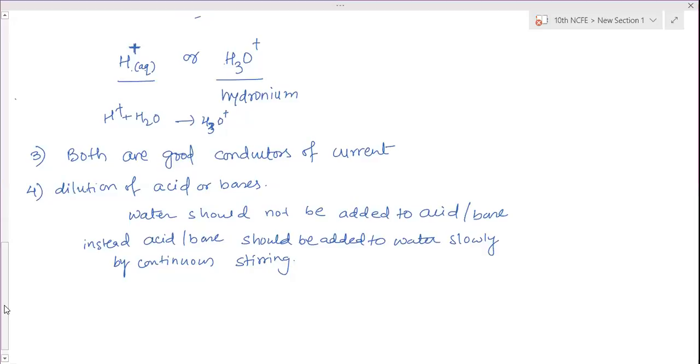What will happen to the concentration if the acid is diluted? If acid is diluted, what will happen to the H plus ion concentration? It will decrease.